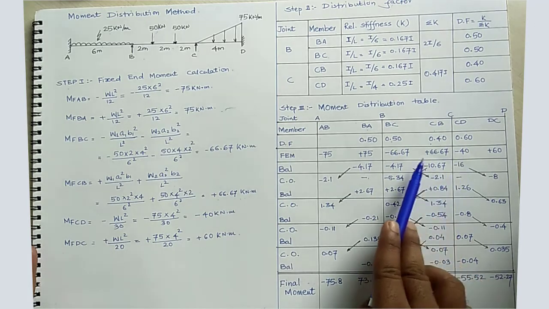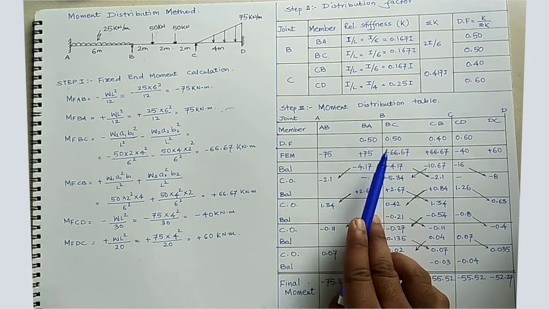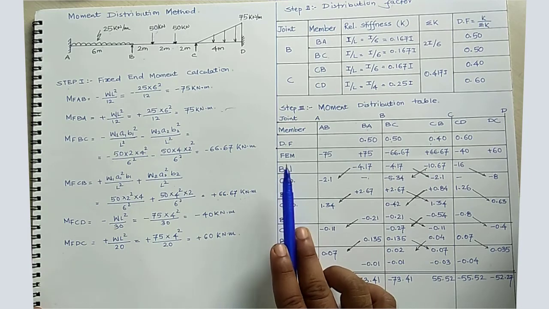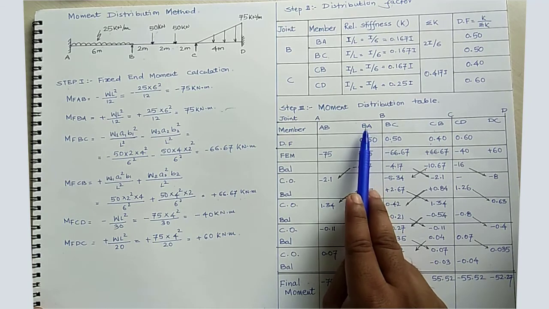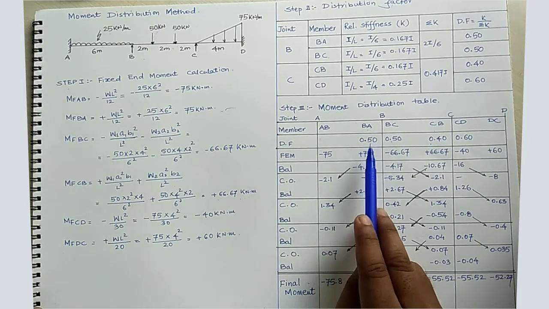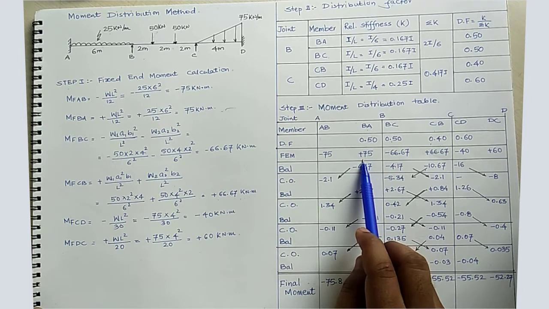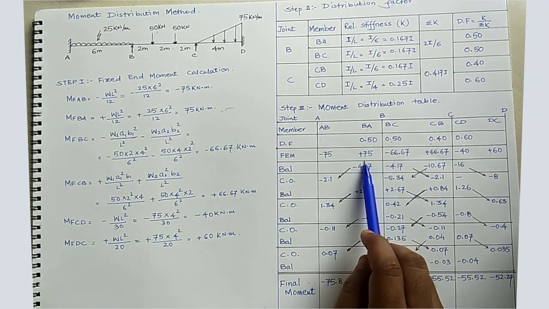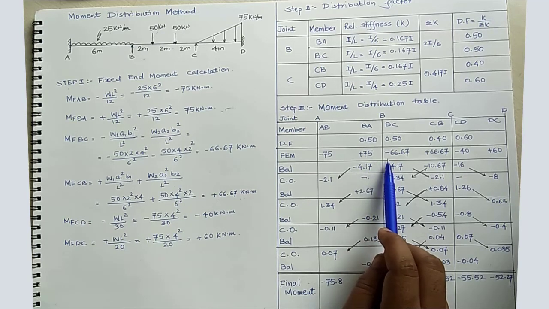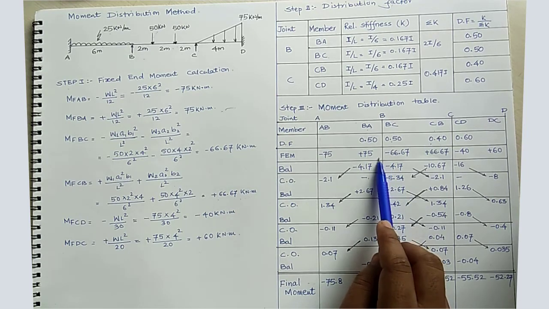Now after this writing, we have to balance the moment at the joint. So at joint B there are two members BA and BC. So we have to sum the moment values of these two members. So BA having the moment plus 75 and BC having minus 66.67. If we sum up this value, plus 75 minus 66.67, whatever value we get is the unbalanced moment.